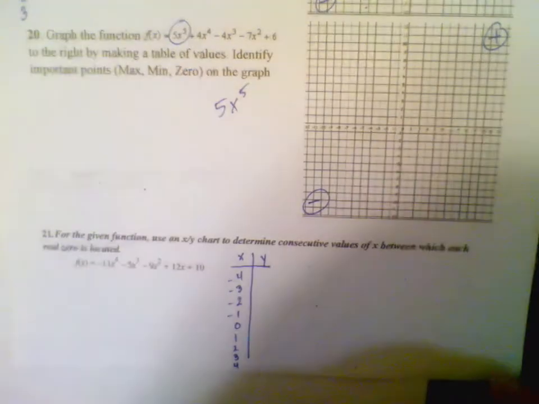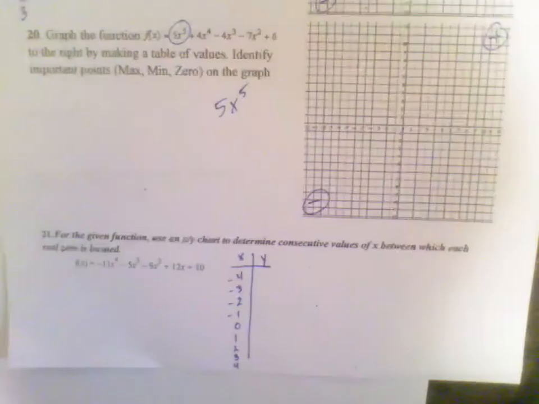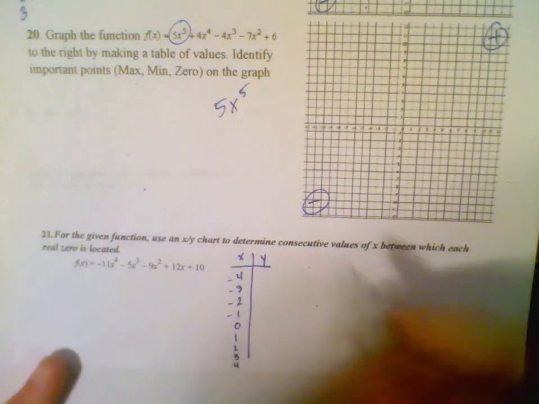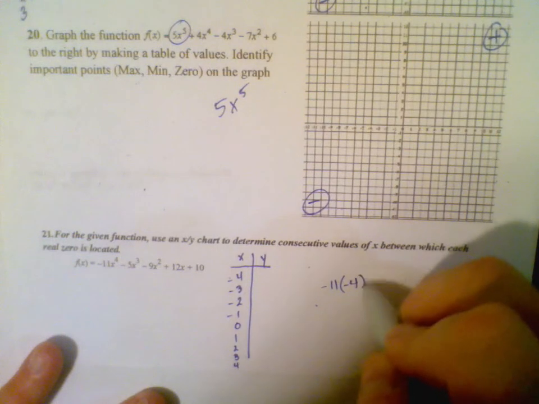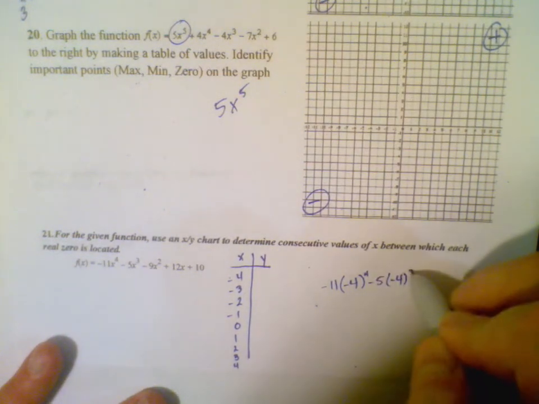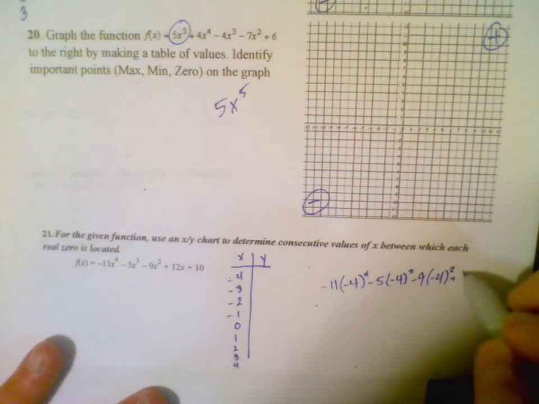And I'm going to cheat here and grab my graphing calculator. If you're not getting the correct numbers, remember in class, whenever we put one of these numbers in here, you had to put it in parentheses. So we said -11 times x to the 4th, so it's -4 to the 4th, minus 5, -4 cubed, minus 9, -4 squared, plus 12.